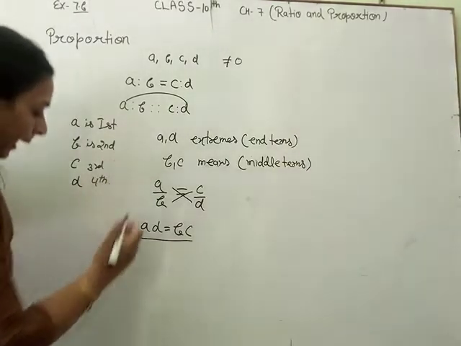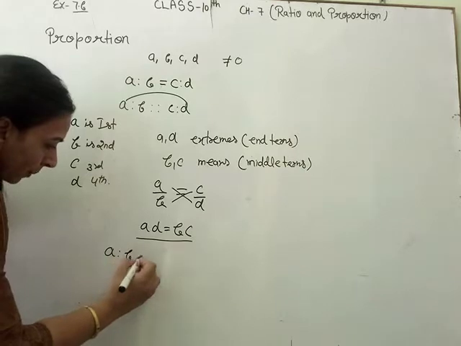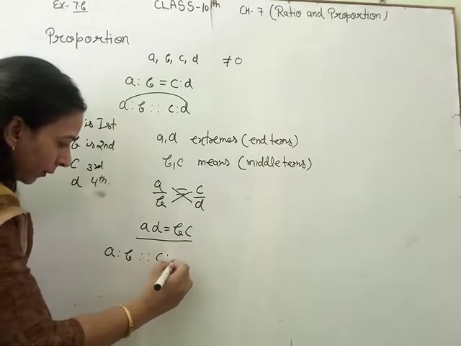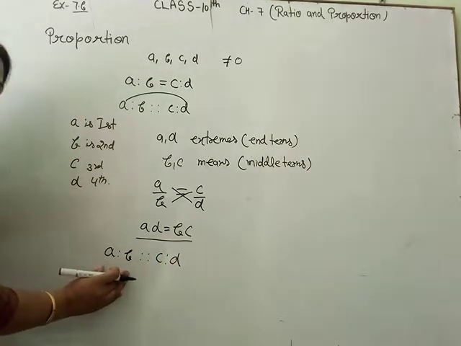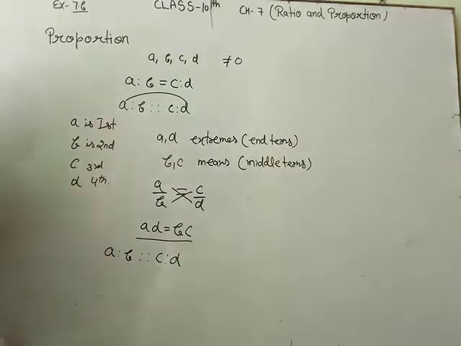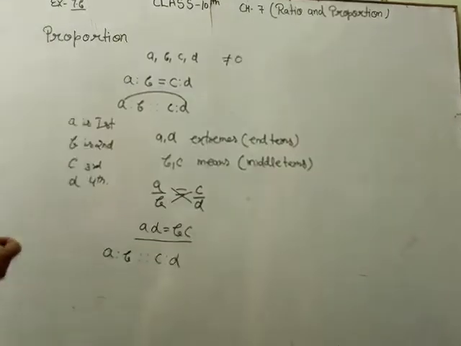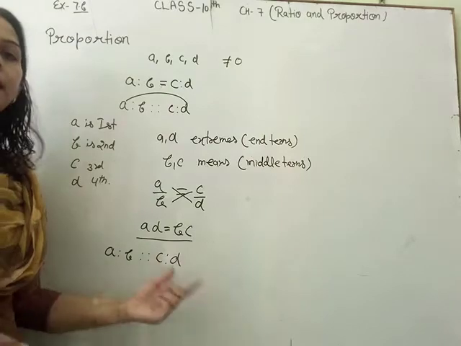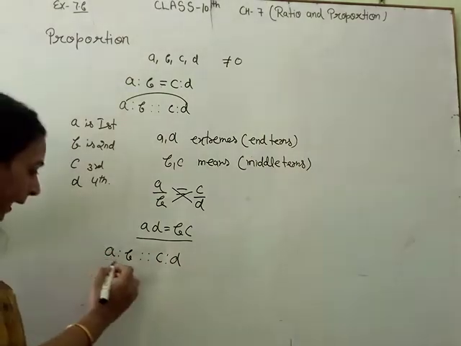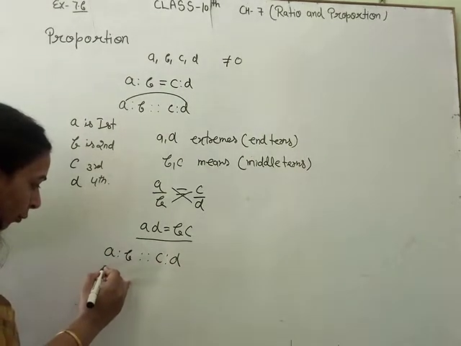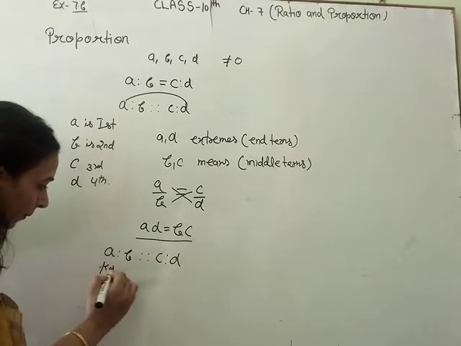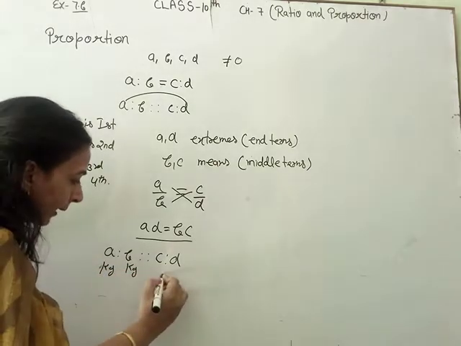Students, in A ratio B proportional C ratio D, A and B both are the same kind and same unit, and C and D both are the same kind and same unit. For example, A and B are in kilograms, and C and D are in rupees.